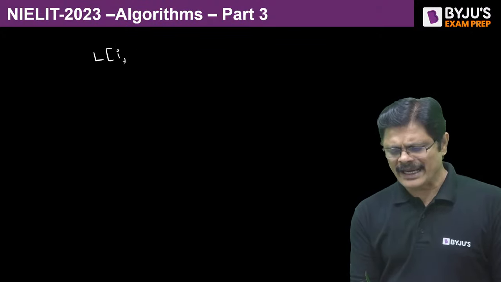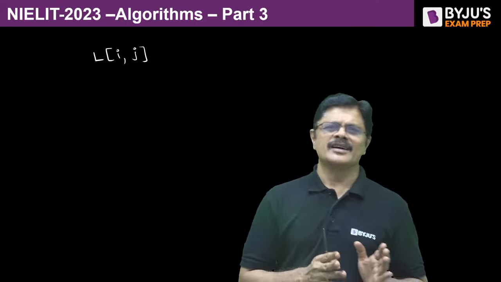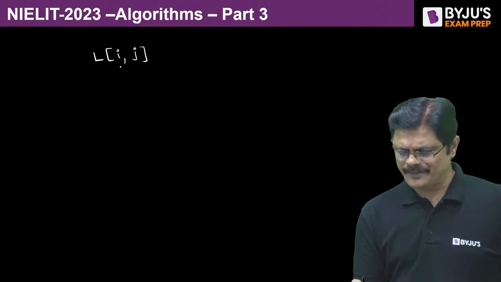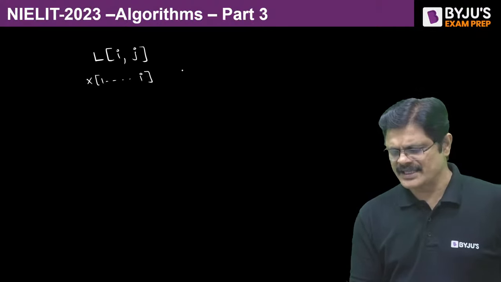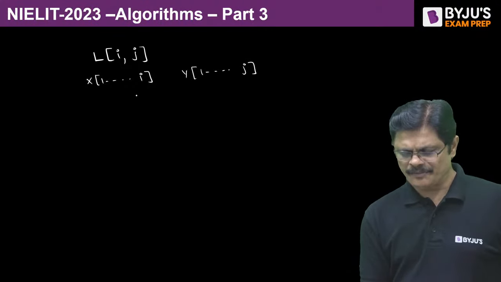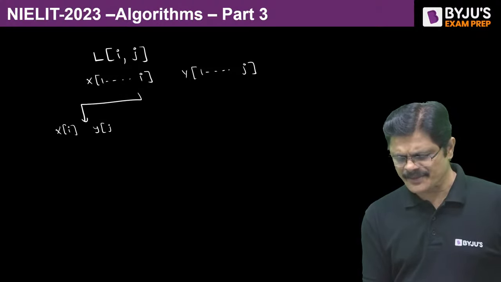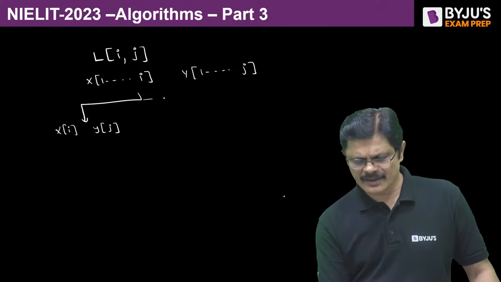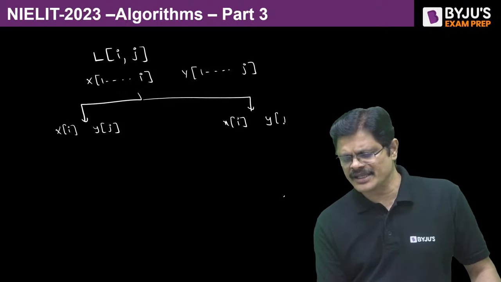If you want Lij, the longest common subsequence for the first sequence X1 to i and the second sequence Y1 to j, the condition is that Xi and Yj may be matching with each other, or Xi and Yj are not matching with each other.